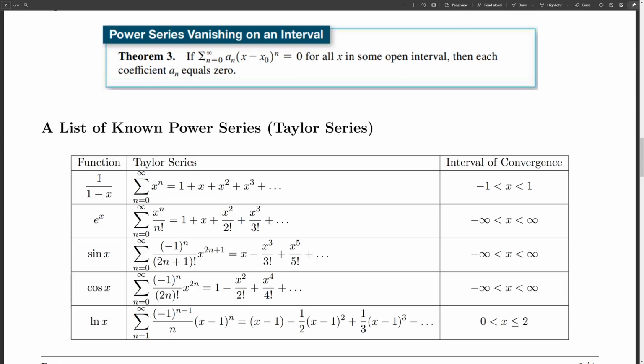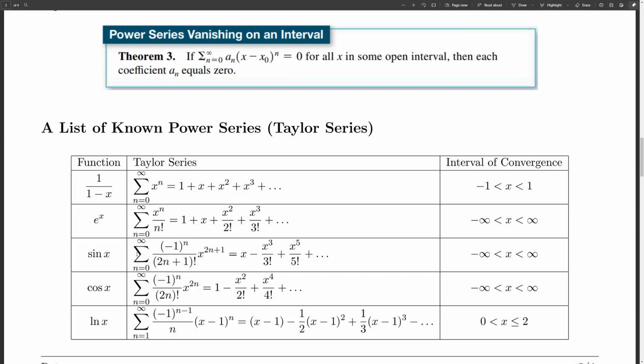So the function 1 over 1 minus x has a Taylor series or a power series that is equal to the sum from n equals 0 to infinity of x to the power n. The exponential function e to the power x has a power series that runs from n equals 0 to infinity, and each term is of the form x to the power n over n factorial.